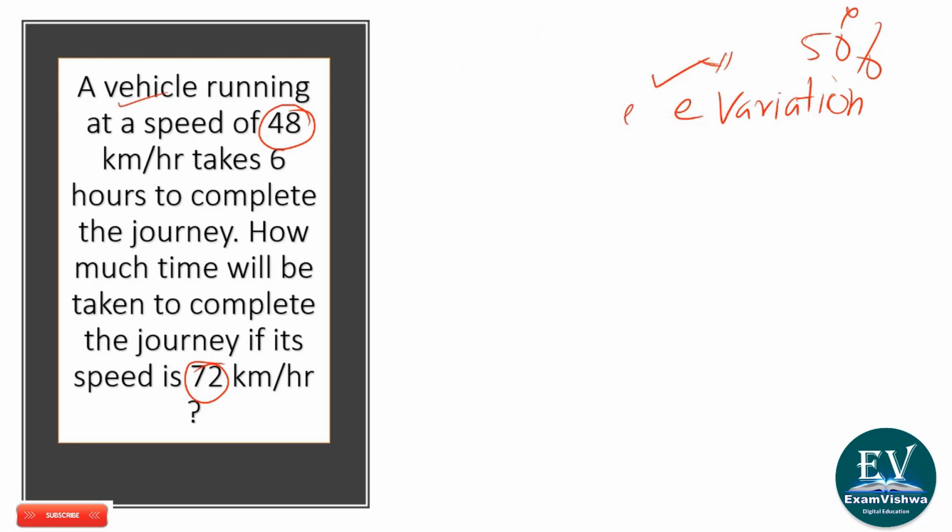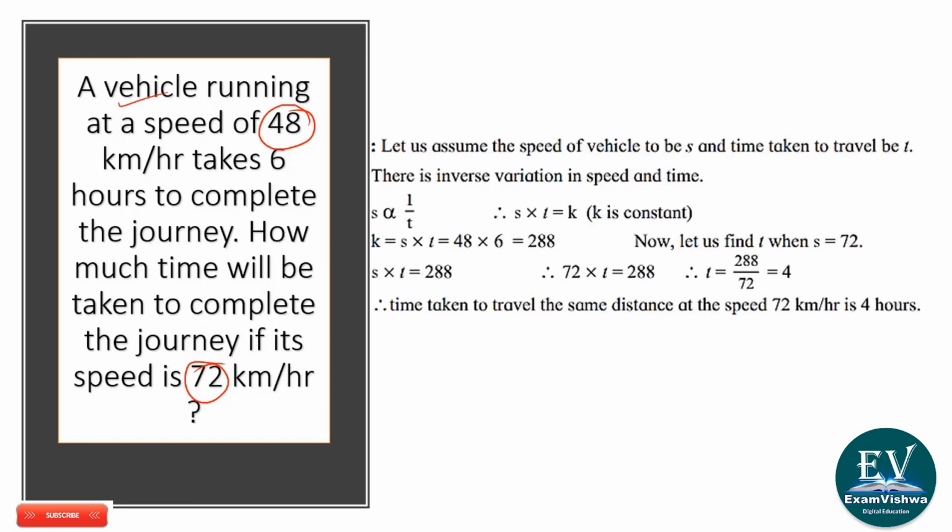Once we declare that it is a classical example of inverse variation, the only thing left is substituting properly in the given proportion. What is the proportion? The inverse proportion will be applied. In inverse proportion, speed is inversely proportional to time. Did you understand this first? S is inversely proportional to time.